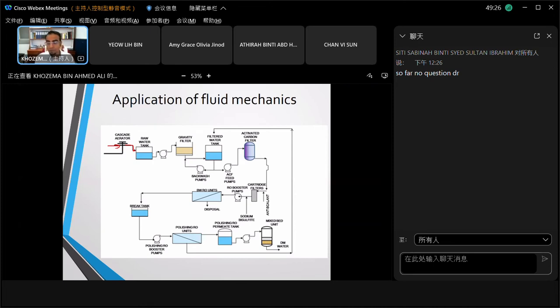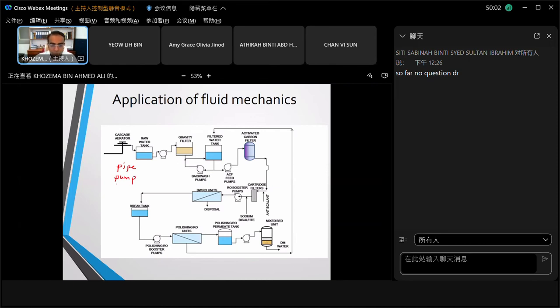Okay, so I'm just giving you an example of a wastewater treatment plant because this is the easiest example I can give related to your environment, right? But whatever we are talking about in fluid mechanics, wherever you go, whatever kind of plant or any kind of process unit that you have, when you have fluid, there will always be pipe and pump.